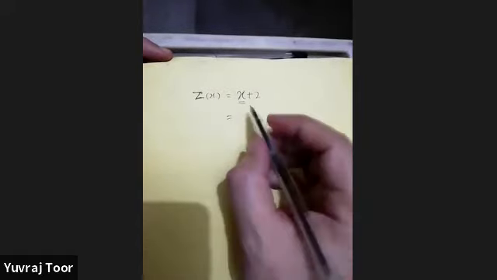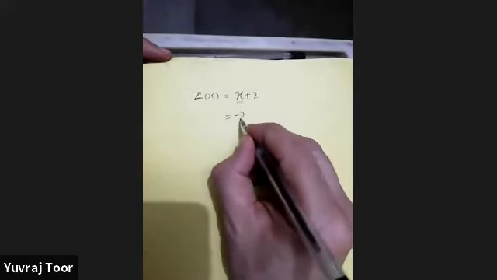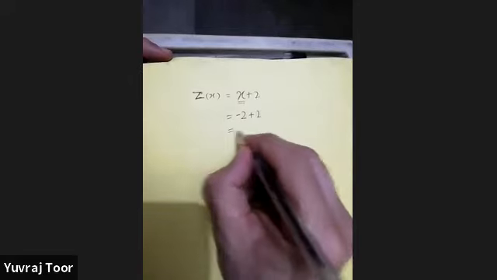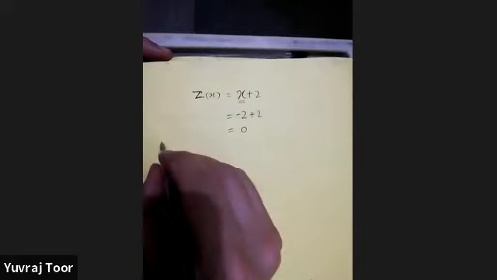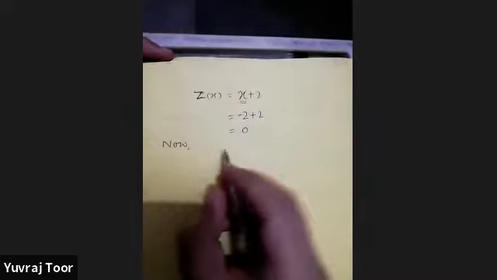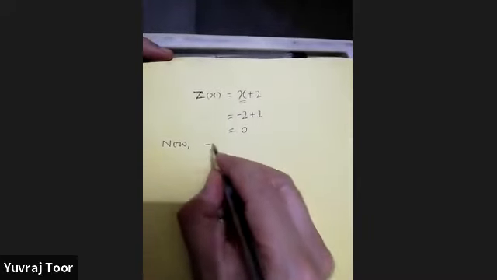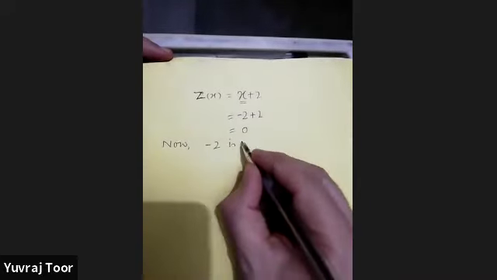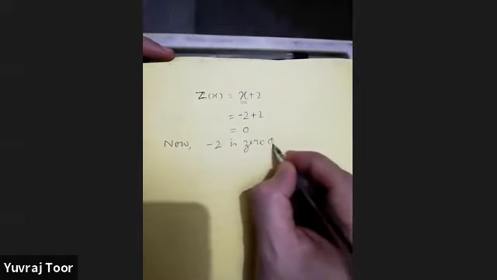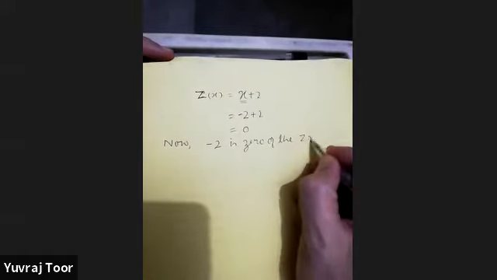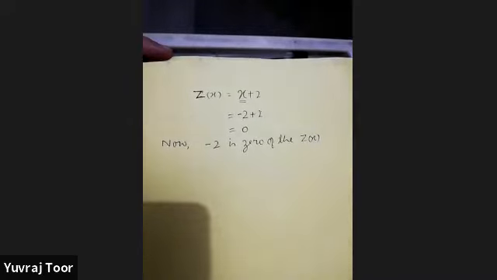It is quite easy that minus 2 when added to 2 gives 0. Now, we can make a decision that minus 2 is the zero of the polynomial p(x).